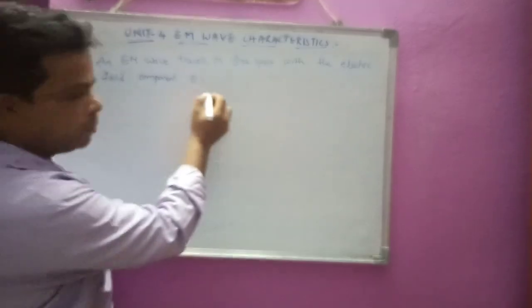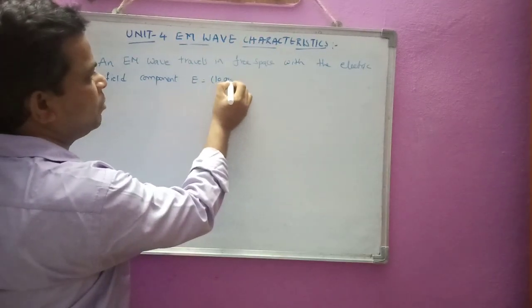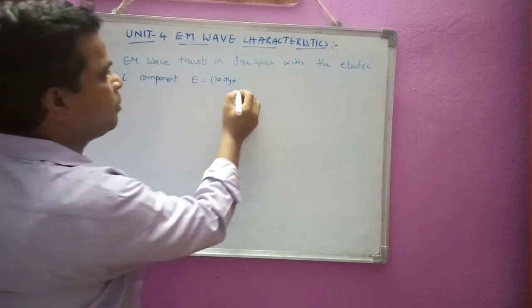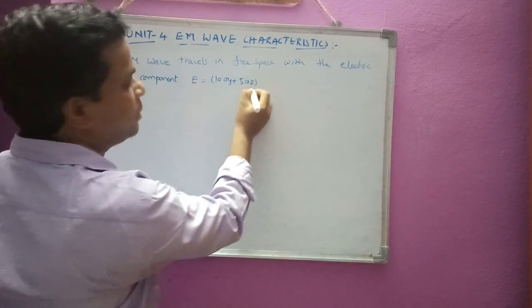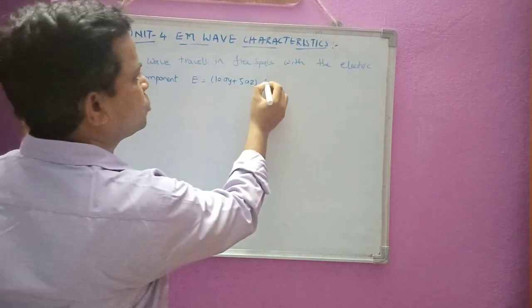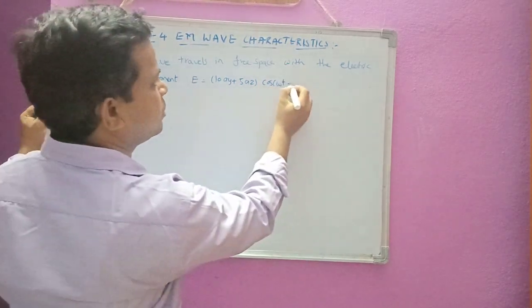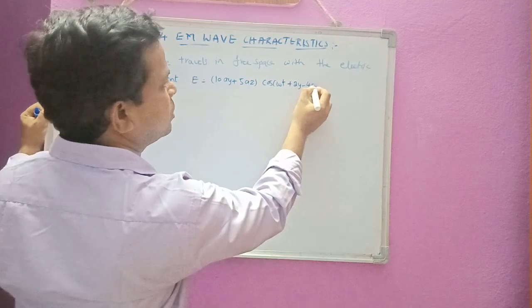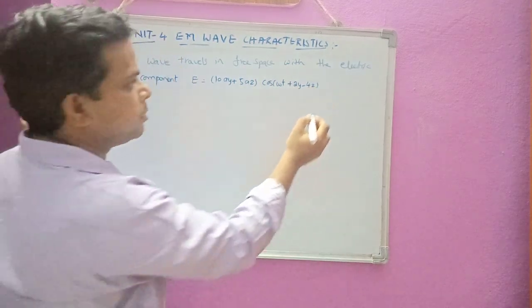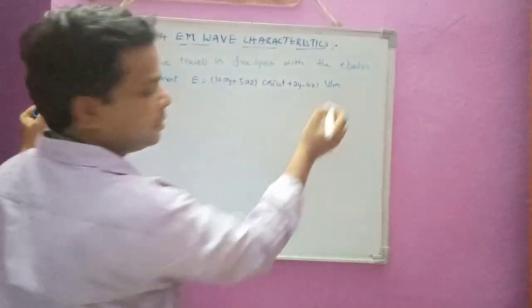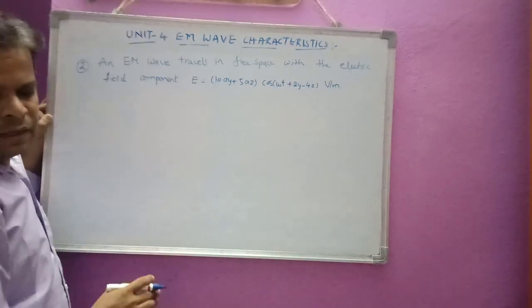E is equal to 10 AY plus 5 AZ into cos of omega t plus 2y minus 4z, in volts per meter. So we have to determine the same things here.